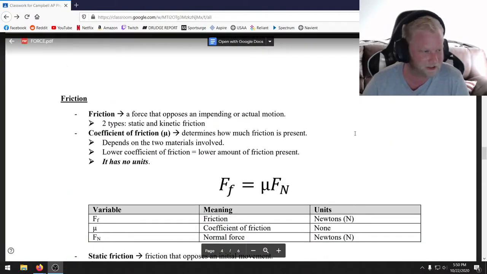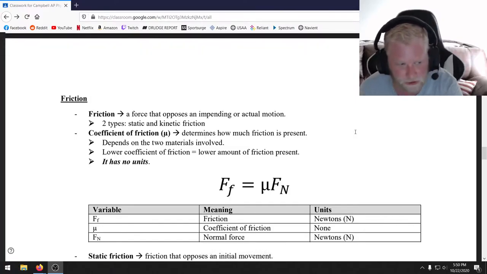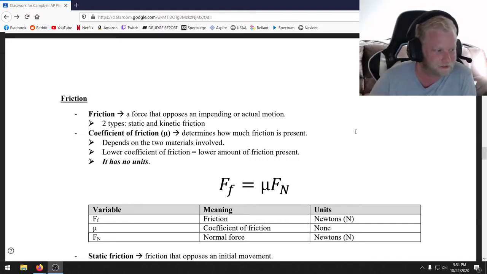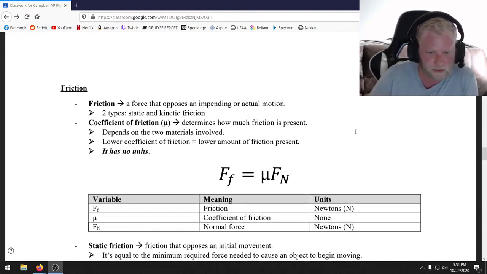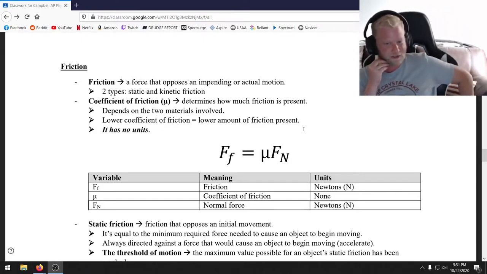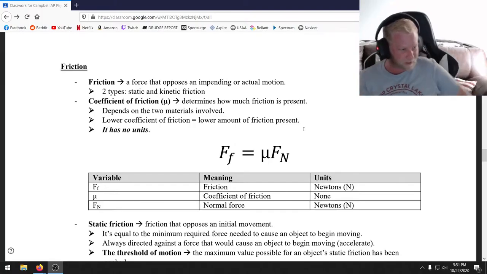And again, the higher the coefficient of friction is, the higher the frictional force will be. Now, if we look at our equation for finding your frictional force, it is equal to the coefficient times the normal force. So your frictional force depends on what two materials are in contact and how hard the surface is pushing on the object.